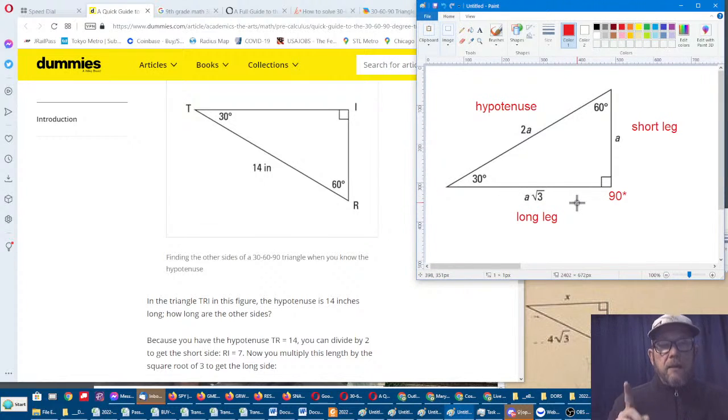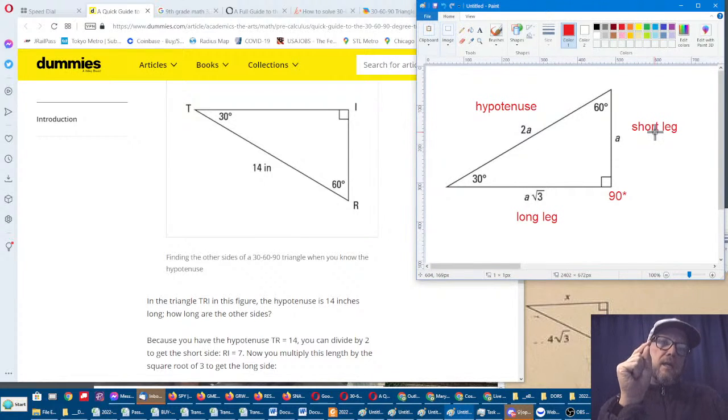And then you have the hypotenuse, which is the third side, opposite or across from the 90-degree angle. Remember, the hypotenuse is always going to be the longest side. Don't think of your long leg like your medium side. It will always be shorter than the hypotenuse. And I'll tell you why.